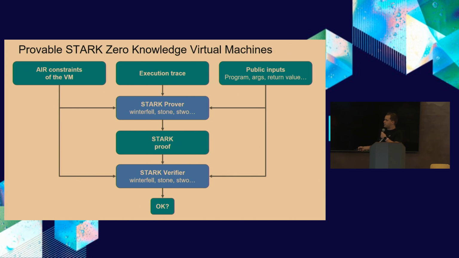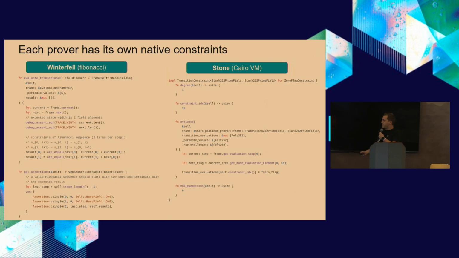And this smaller computer can just take the AIR constraints of the virtual machine, the public inputs, and the STARK proof, and just say, verify this very efficiently, and tell you whether or not this STARK proof is a valid proof that there was at some point an execution trace with these AIR constraints compliant and with these public inputs. So this allows you to have a compact proof and verify efficiently elsewhere.